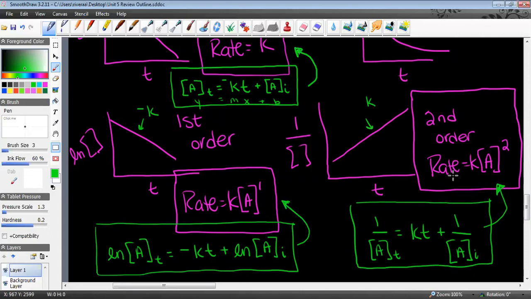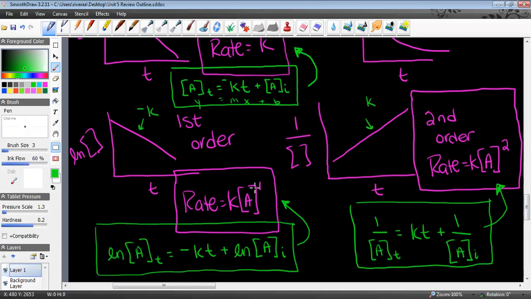Now, the other thing that these rate relationships can tell us is the half-life of a reaction. If I wanted to know how long it takes for my initial concentration to go to half of its initial amount, I could calculate half-life.